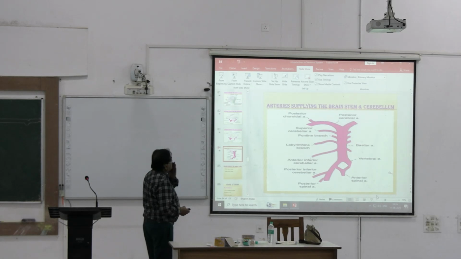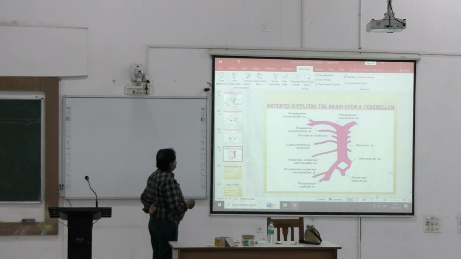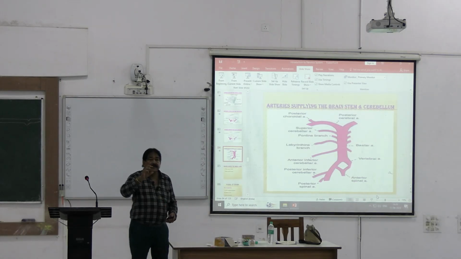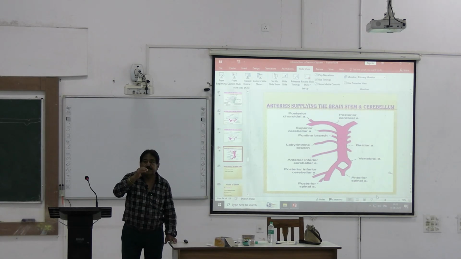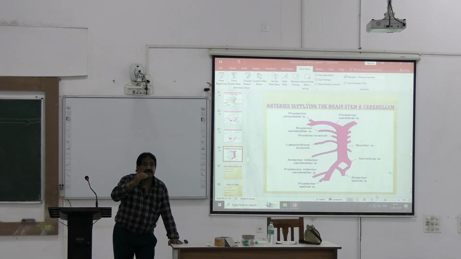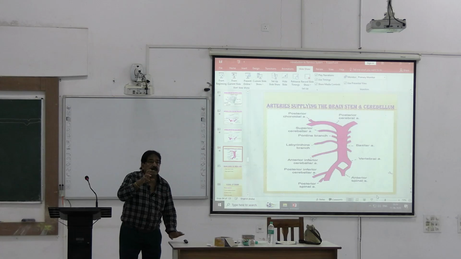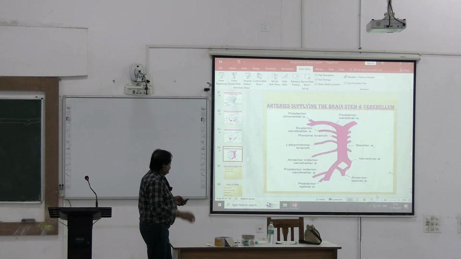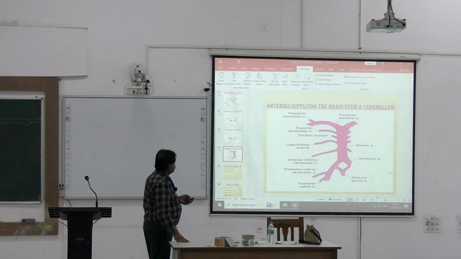Arteries supplying the brainstem and cerebellum. Now the brain, these components are separate, are different. Their functions are different, but they have the blood supply, and it is very vascular.